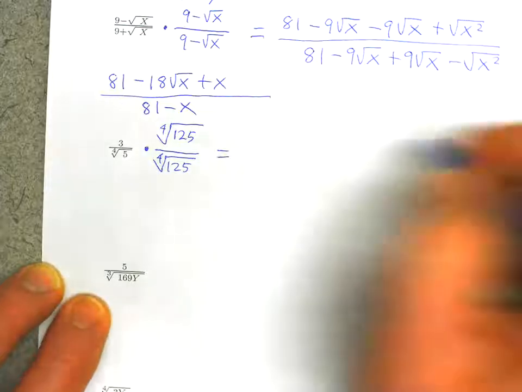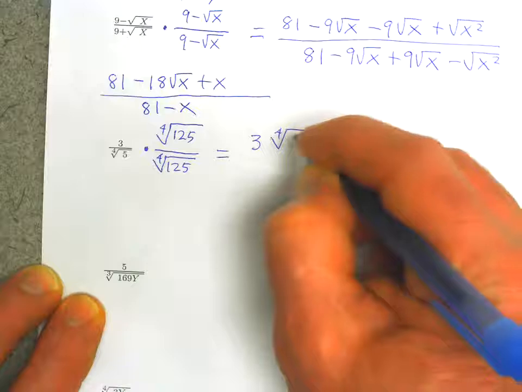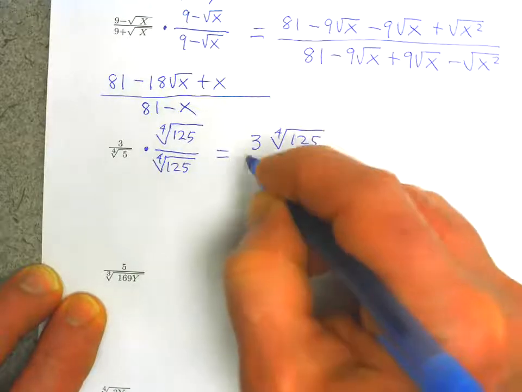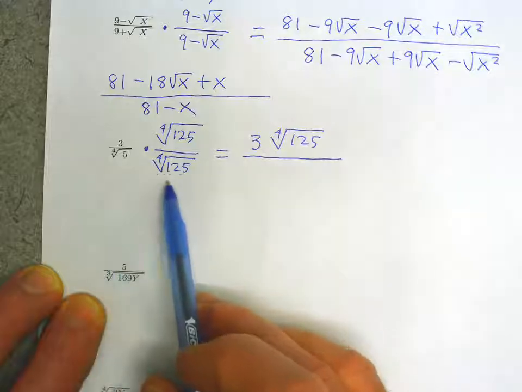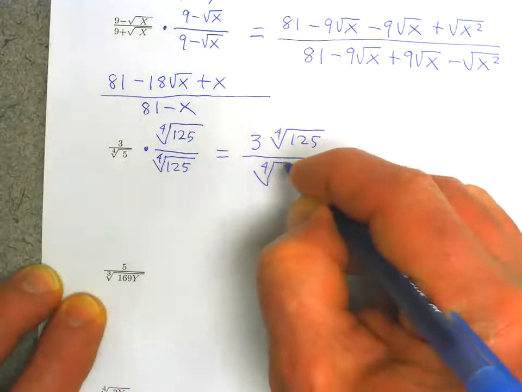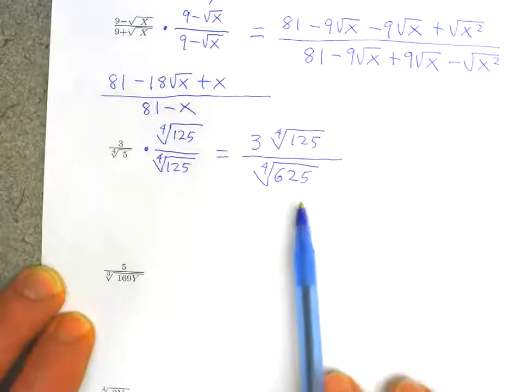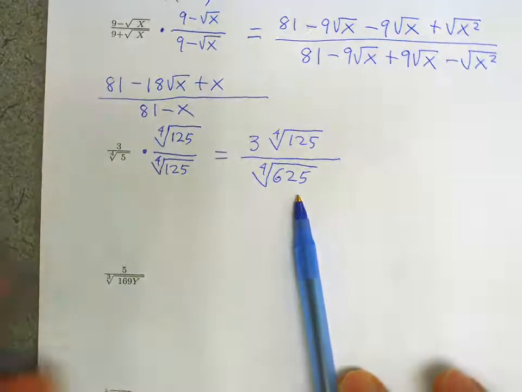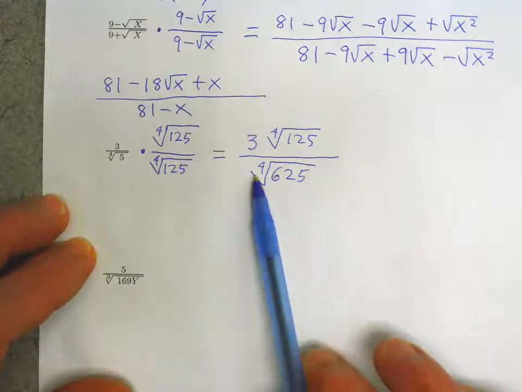And so the numerator is 3 times the 4th root of 125. And the denominator, the 4th root of 5 times the 4th root of 125, is the 4th root of 625. But 625 is just 5 to the 4th. In other words, 625 is a perfect 4th power.